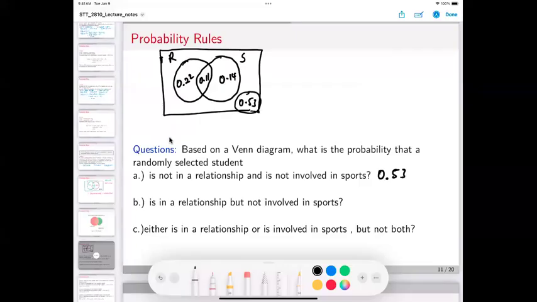Is that okay? Good. And then, is in a relationship, but not involved in sports. So you see, it's in a relationship but not involved in sports. So that is 0.22. Is that okay?